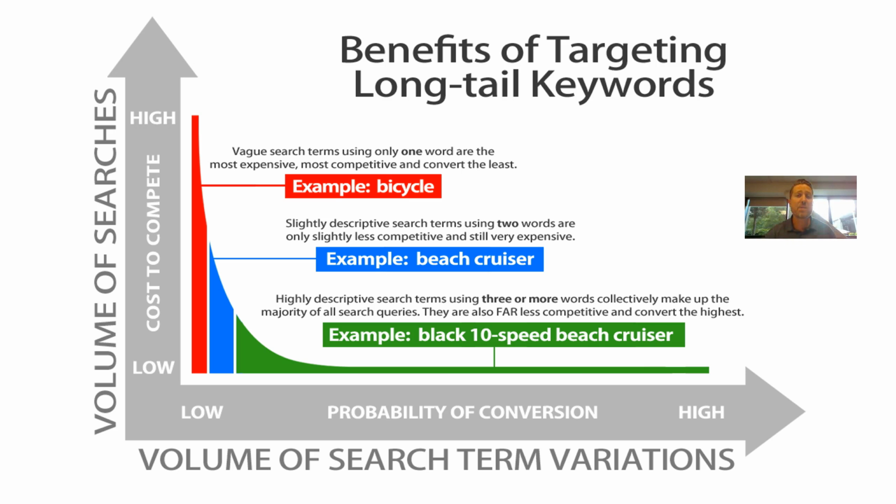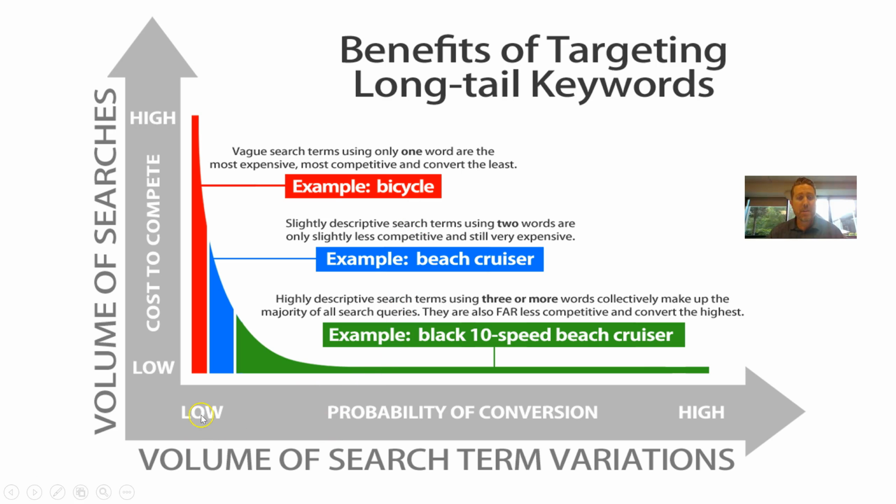Well, how do you know when somebody types in the word bicycle if they're looking for training videos maybe on how to build a custom bike, or maybe they're actually in the market for a specific type of bicycle, or maybe they're just looking for information on how to repair a bicycle, right? You don't know. And so because you don't know, you could be advertising for this one single word and actually people scrolling past your ad and not clicking on it because it's not relevant to what they're actually looking for.